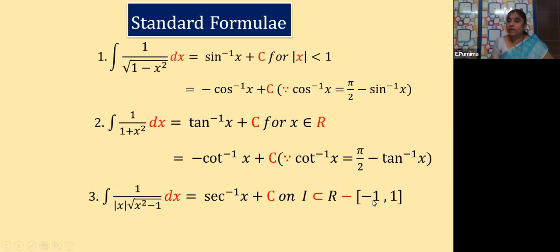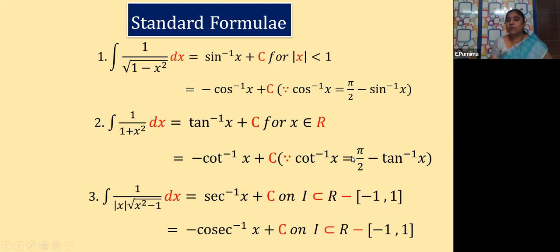Children, the end points are also included, so these values from minus 1 to 1 are excluded. At these values this function is not defined; for all other values, this function is defined. Clear? And it is also written as minus cosecant inverse of x plus c on I subset of R minus the interval minus 1 to 1.